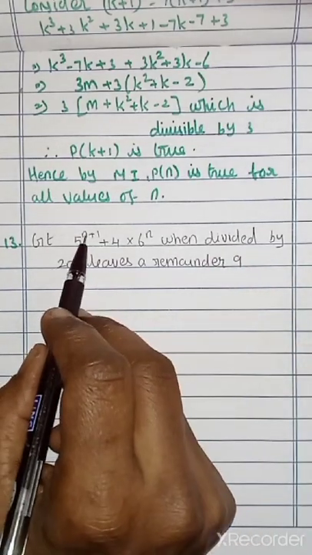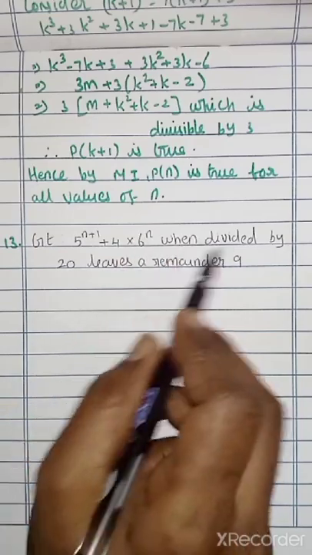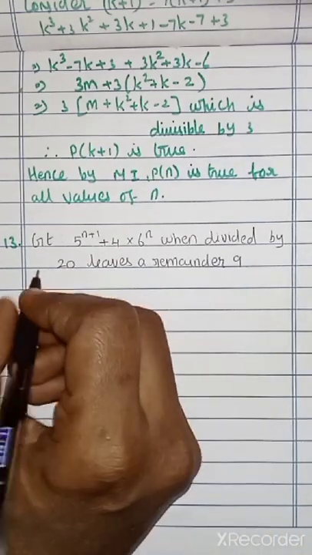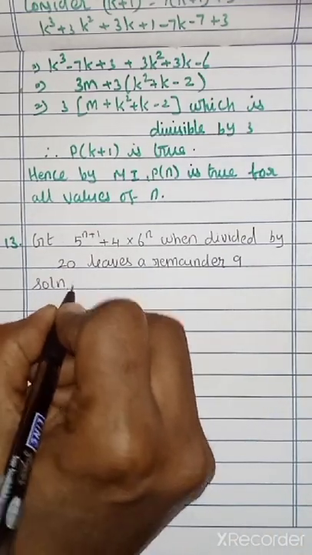That's all. So 5 power n plus 1 plus 4 into 6 power n when divided by 20 leaves a remainder 9. So we have to prove this statement by using mathematical induction.